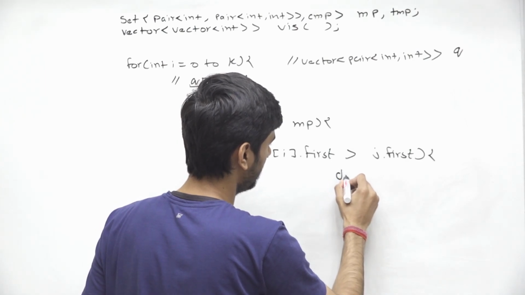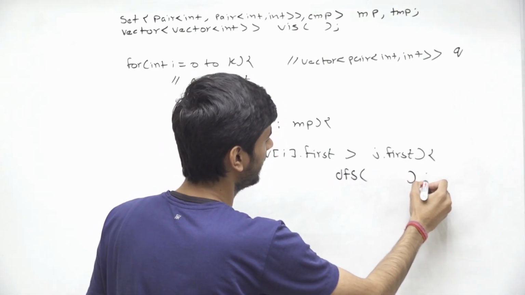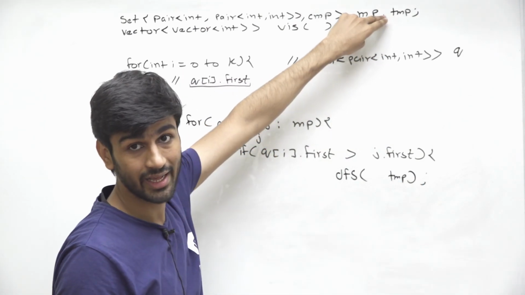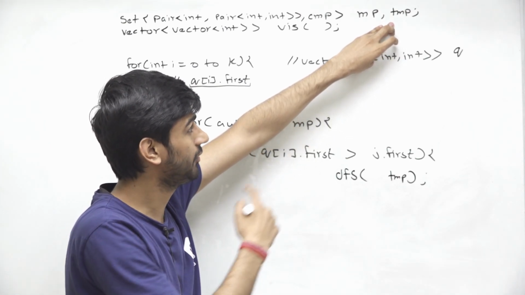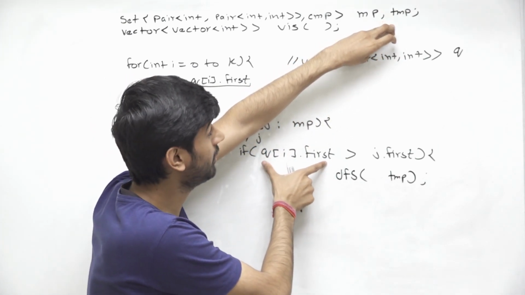Now if this condition is true, then we will run a DFS. So let's say we will run our DFS. Okay, in this we will pass everything that is required, and also we will pass this temp set, and whatever elements after traversal have greater value than this particular value will be stored in this temp.